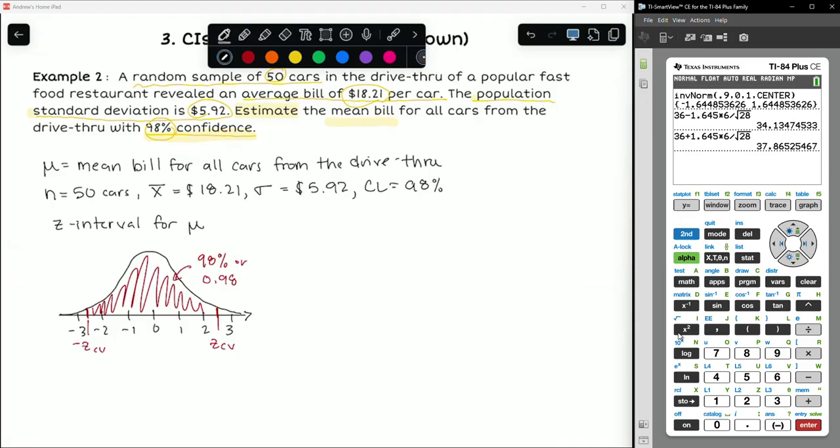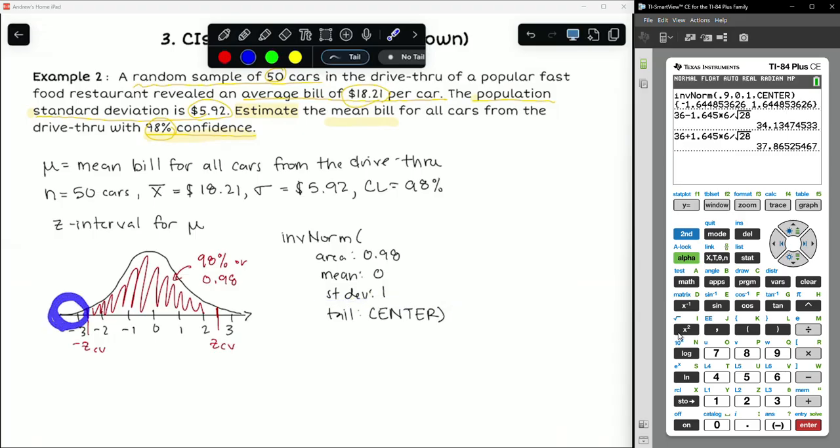To find those critical values, we're going to go ahead and use inverse norm on our calculator. So area is 0.98. Mean is 0. Standard deviation is 1. And then tail is center. Just like last time, if you are using an older model calculator and you don't have the choice of tail, yours cuts off here, you need to find the area in the left tail.